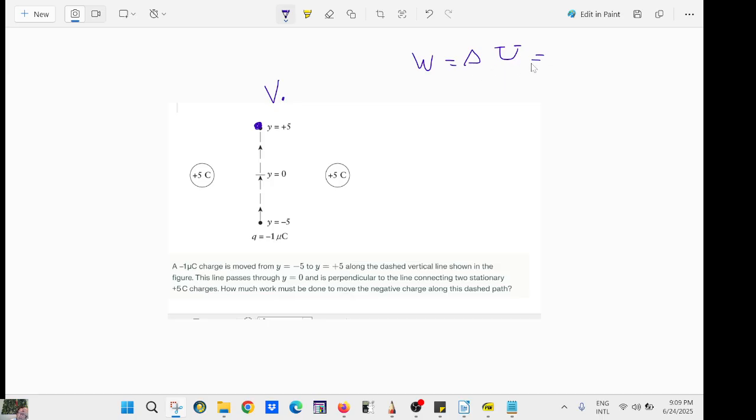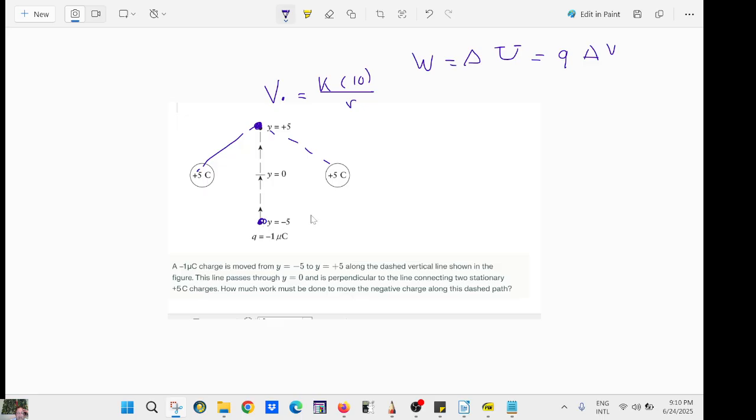So that electric potential energy will be Q delta V, the difference in voltage between this point and that point. At that point, the voltage will be K, and then the distance is the same, 10 Coulomb over that distance R. So that will be the energy per unit charge.